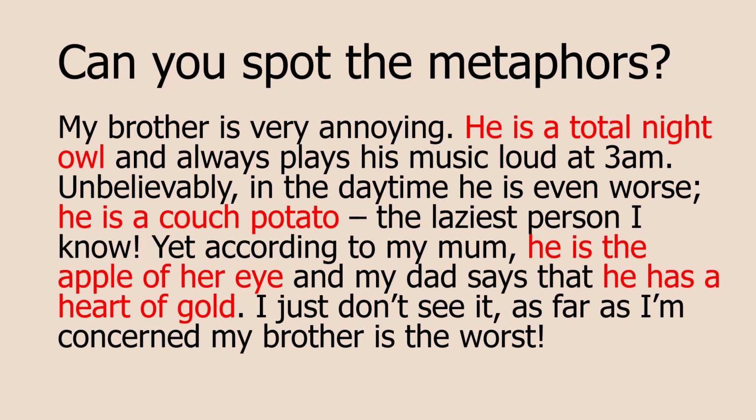So comparing my brother to an apple, and he has a heart of gold. I included this to show you that this is still a metaphor, even though it doesn't have the keywords is, are, was, and were. Instead it has, and it's comparing my brother's heart to gold. So hopefully you were able to spot those four metaphors.